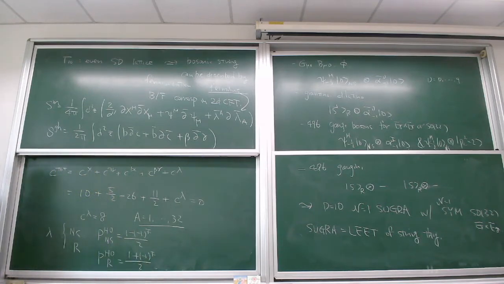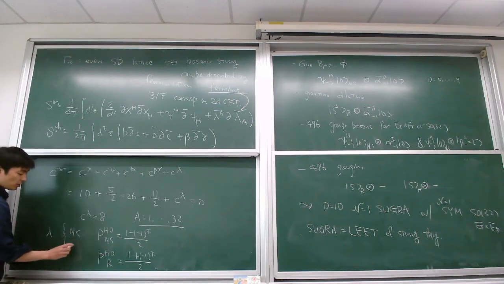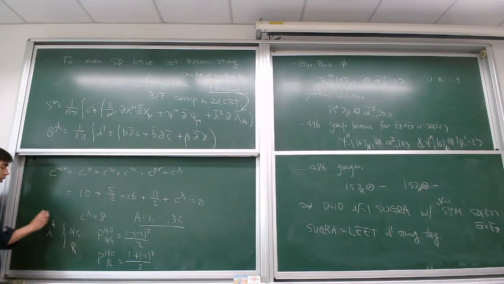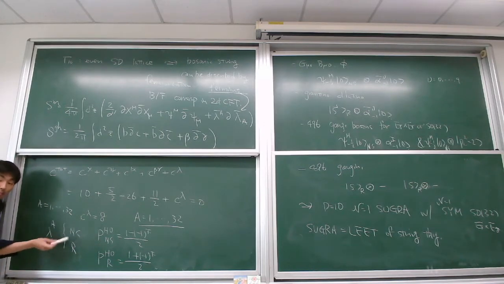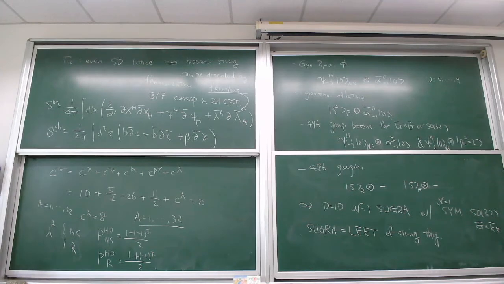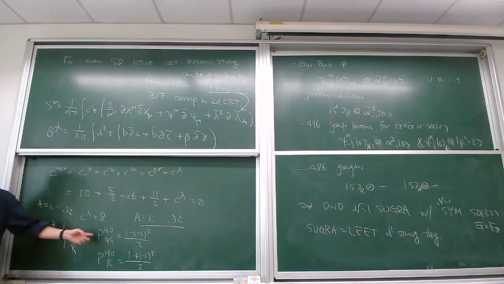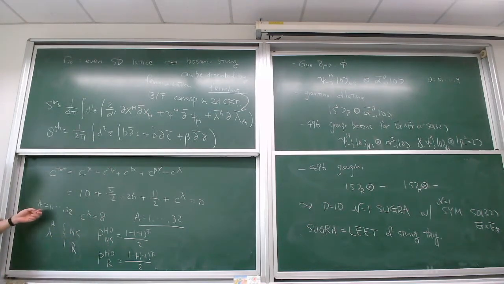Here, NS and Ramond, all A running from 1 to 32 impose the same boundary condition. Eventually, if you impose the same boundary condition, you get SO(32), as you can easily guess.